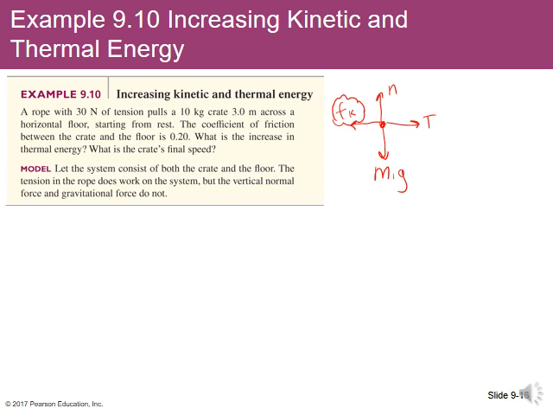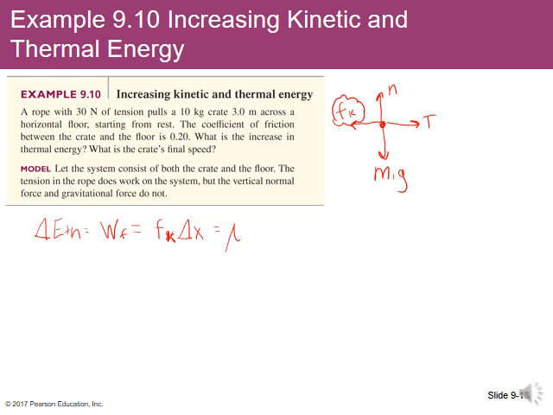So if we want to find out how much the thermal energy increases first, it's usually equal to the work done by friction. How much work is done by friction here? It's equal to the friction force times the distance that it moves. What's the friction force equal to? Sorry, that should be mu K. Let me fix that.